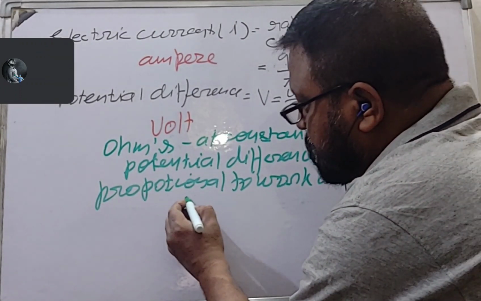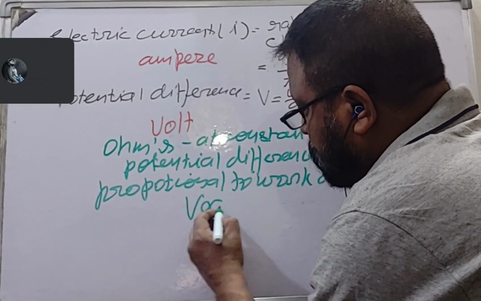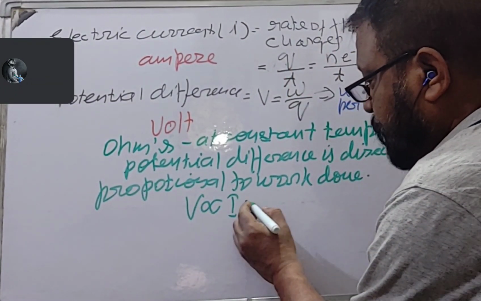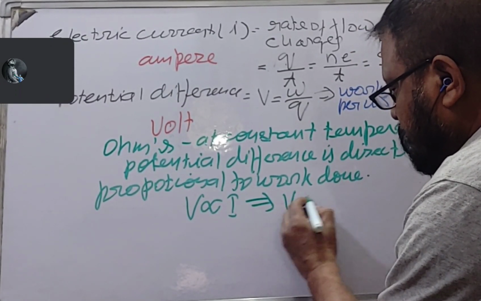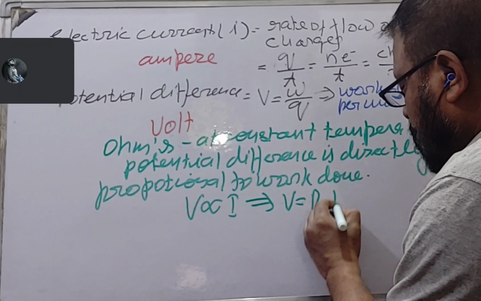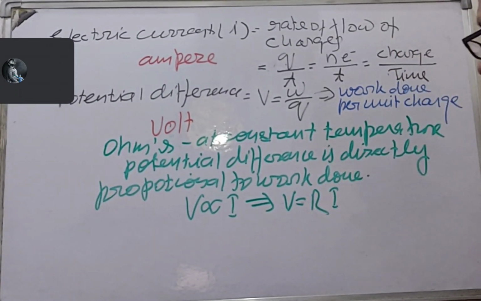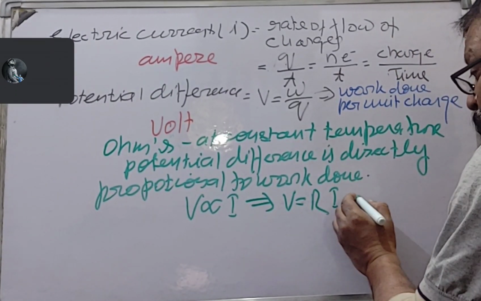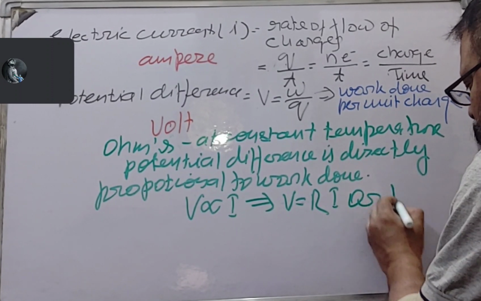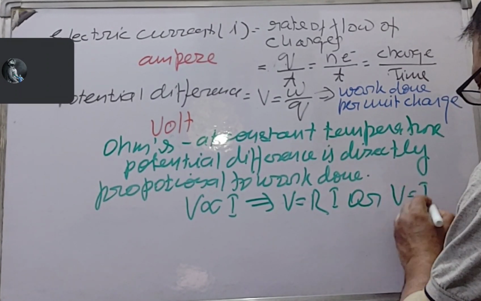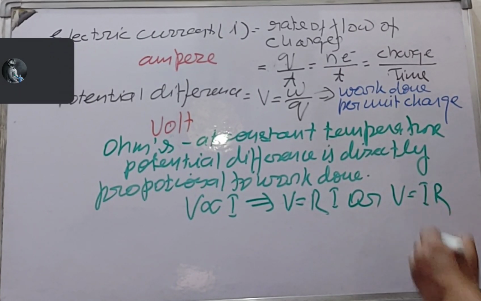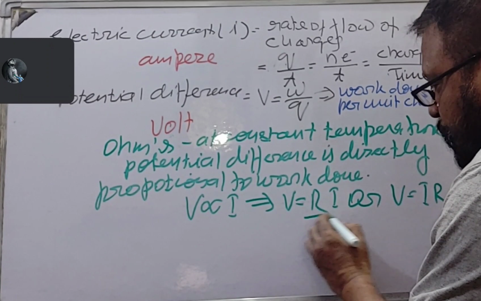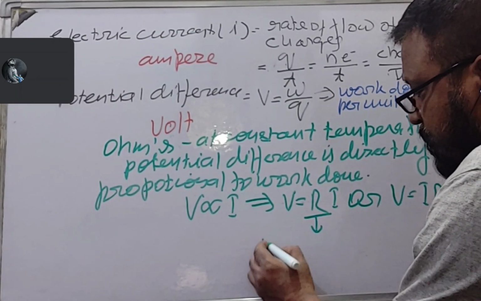So V is directly proportional to I. If we remove this proportionality sign, then we take a constant, so V is equal to R into I, or more commonly, V is equal to IR, where R is resistance.